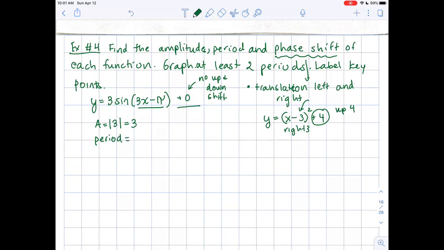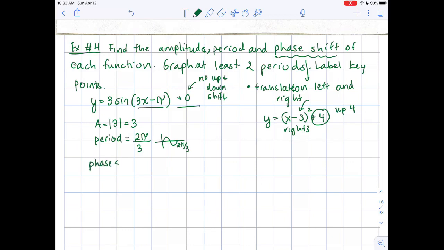And then the period is equal to 2 pi divided by the constant that's in front of x. So in this case, the constant that's in front of x is 3. So 2 pi over 3 is going to be my period, which remember, that means that roughly speaking, by the time you get to 2 pi over 3, that's what you should see.